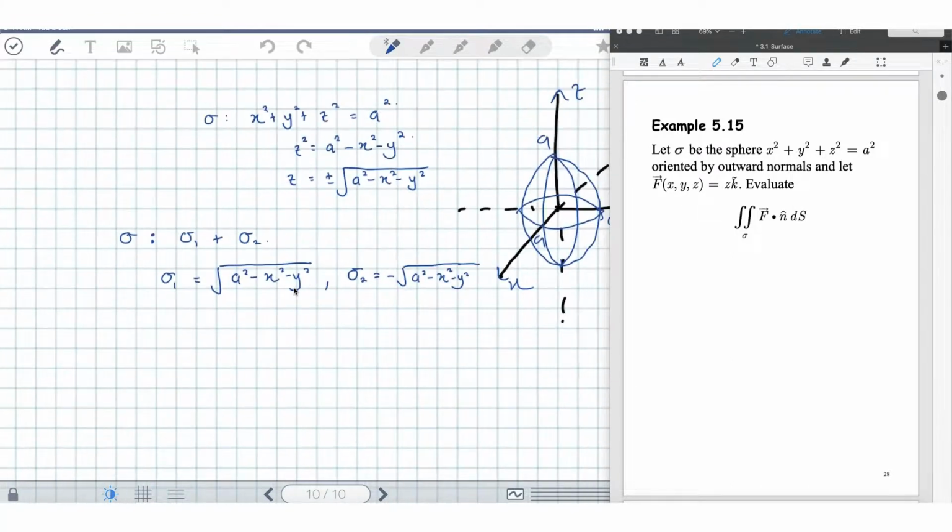So if you want to provide your surface integral of F dot n dS, since the equations are different, one with a positive and one with a negative square root, you have to split your calculation into two. The first one is where your surface is z positive, given by z equal to the positive square root.